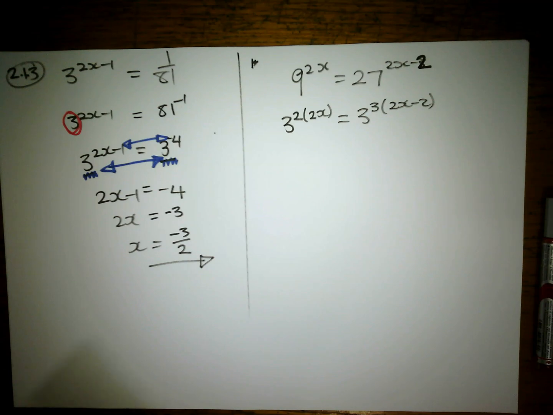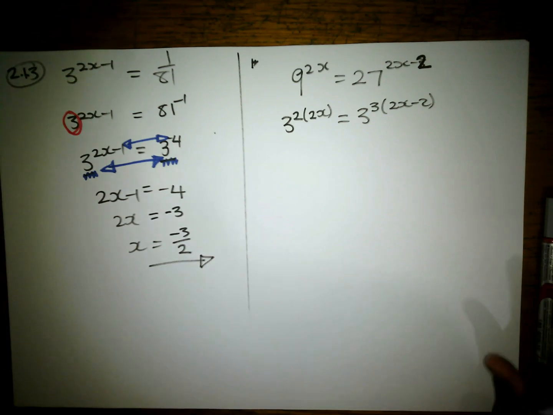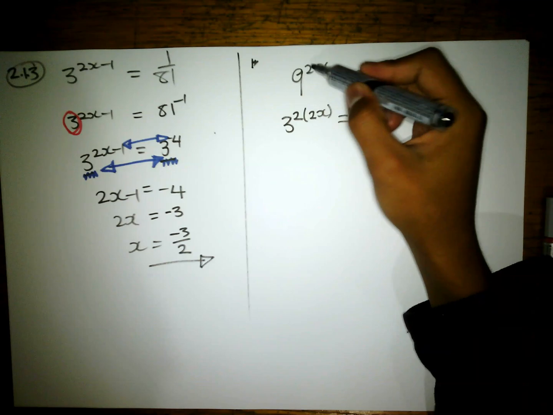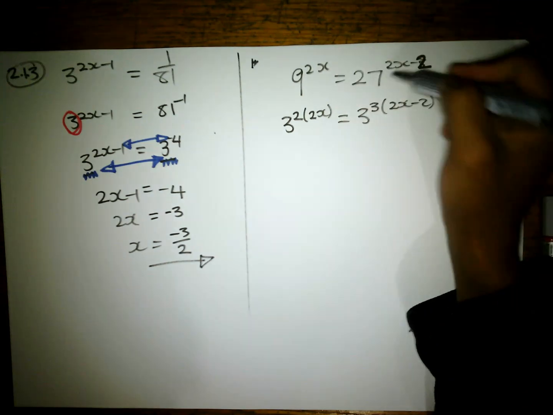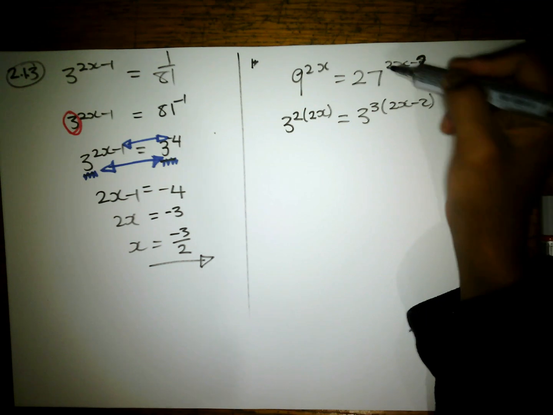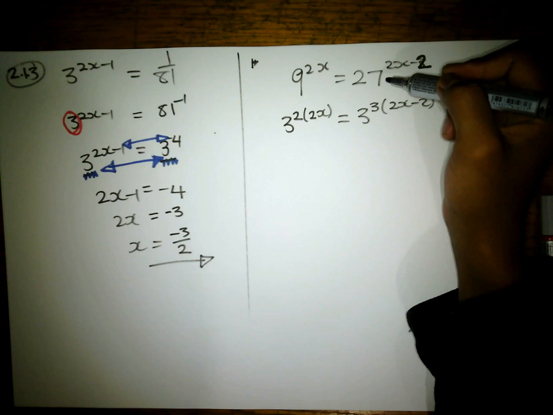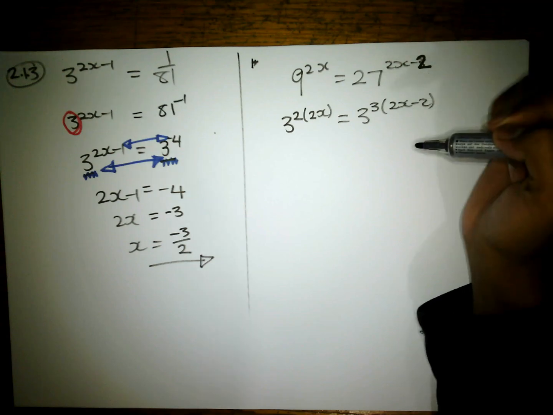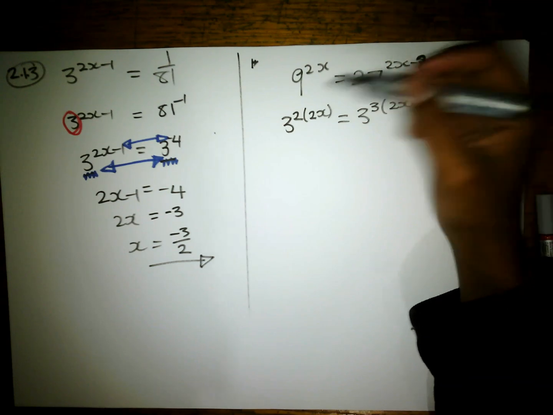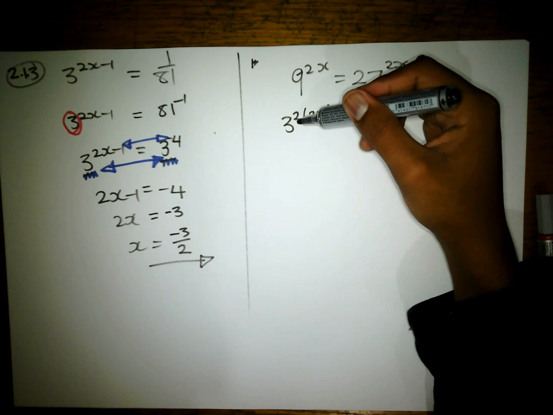Why do you say that? If you leave that 9 to the power of 2, you have to put this also 9 to the power of something. And 9 to the power of anything will never give you 27. Never. Yeah, my bad. So when you do this, you have to make sure that both sides use the same number as the base.